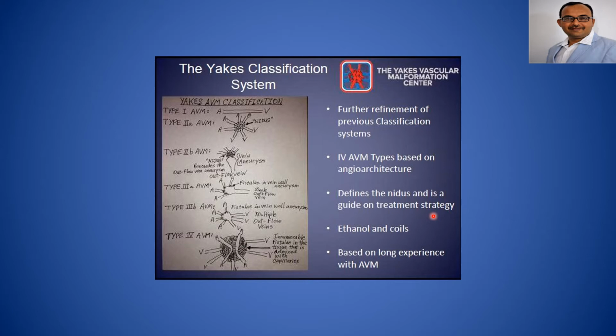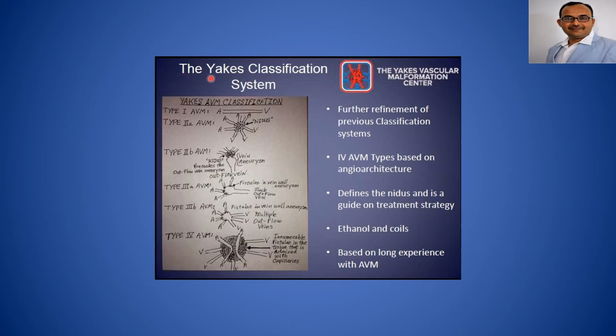For permanent long-term results in the treatment of any kind of malformation, it is very important to destroy such nidus cells. So for this, first we have to define the type of nidus, and for typing the nidus, the Yakes classification is very useful.